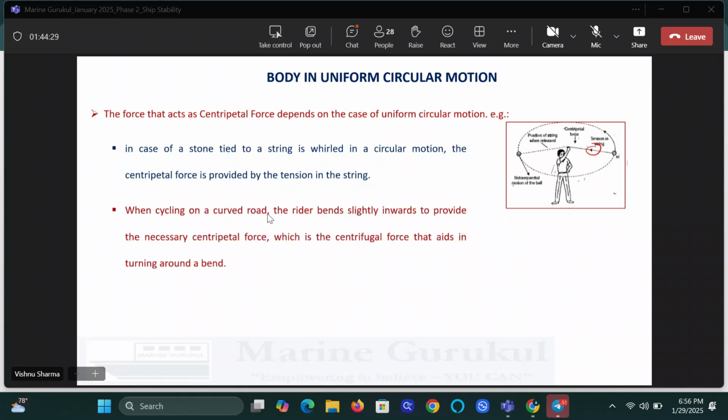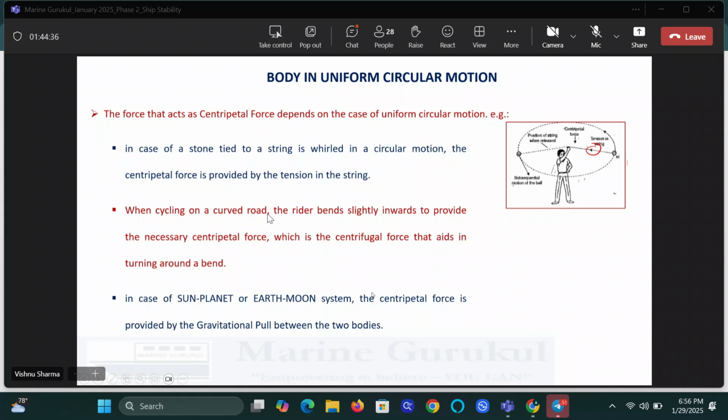If you talk of a cyclist who is turning inwards, the horizontal component of his reaction provides the centripetal force. If the cyclist turns like this, then his reaction, which acts like this, can be resolved into two components, R sine theta and R cos theta. R cos theta, the horizontal component of the reaction, provides the required centripetal force.